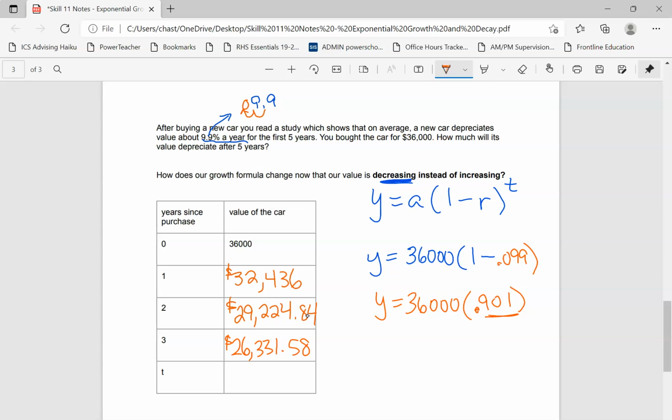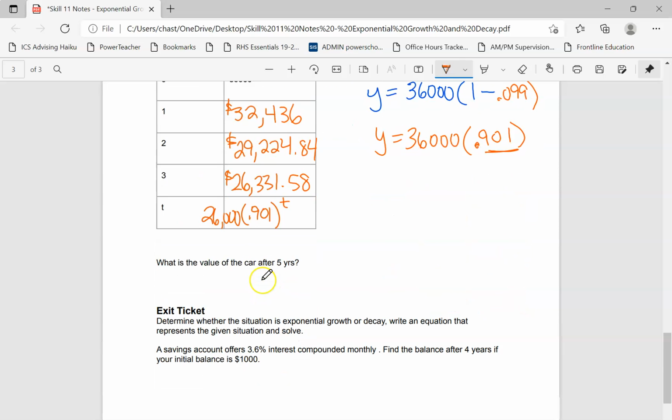If we do this after t years, it would be worth a times 0.901 to the t, which I guess would be 36,000. I should put that in the front. And we could use that to figure out how many years it would take.